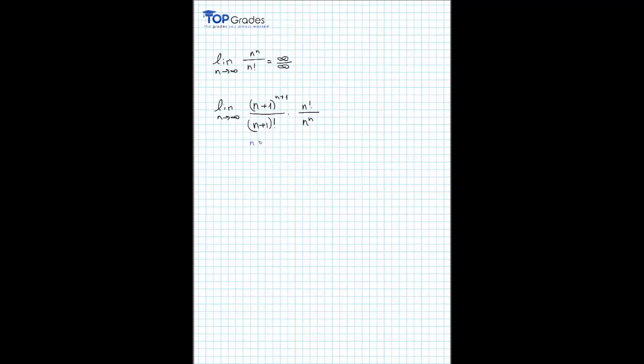We can cancel n factorial, and what we got is n plus 1 in the power of n plus 1 divided by n plus 1, multiplied by n in the power of n. We can cancel this power and we get n plus 1 in the power of n divided by n in the power of n.